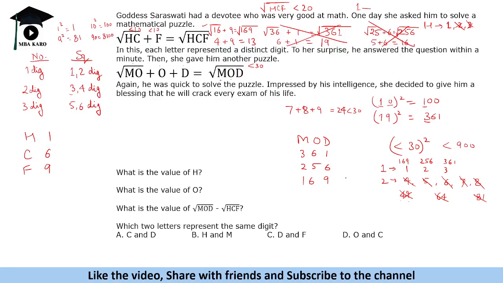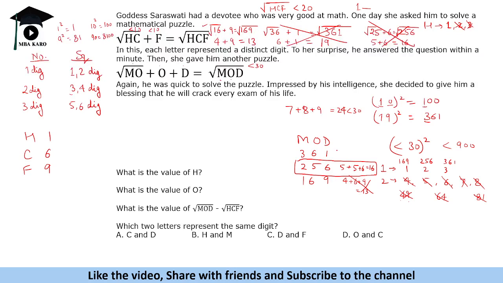For 361, if we take MOD, that is 4 plus 6 plus 9, which is 13. That is not true, right? Because the MOD is 16. In this case, if we take 256, we get the square root of 25 is 5, plus 5 plus 6, and the RHS is 256, that is 16. So that works out. That should be the solution.